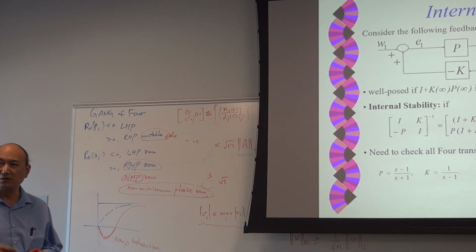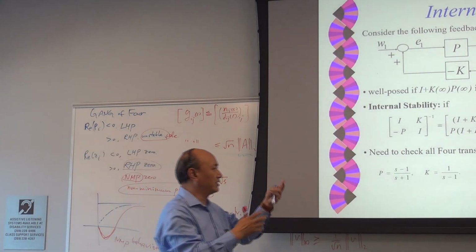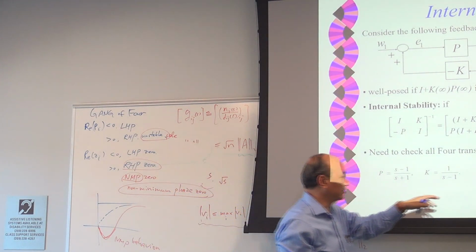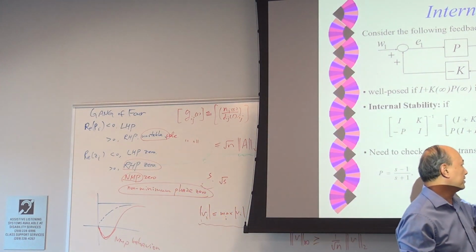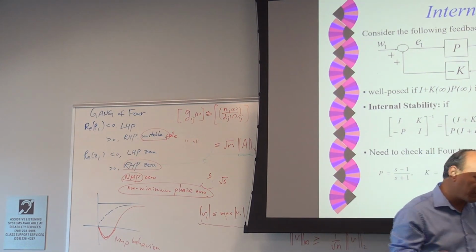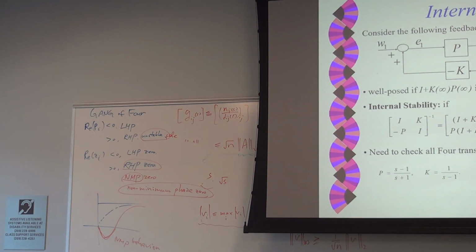The reason we talk about the gang of 4 is that sometimes if you look at the 4 different combinations, this is stable, stable, stable, but one is not stable. So you have to make all of them stable. Intuitively that's true.